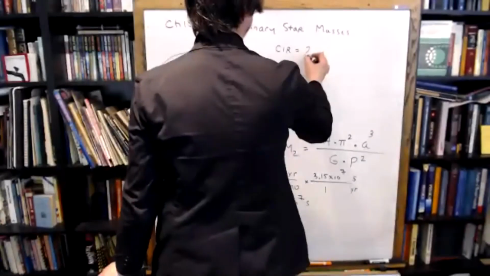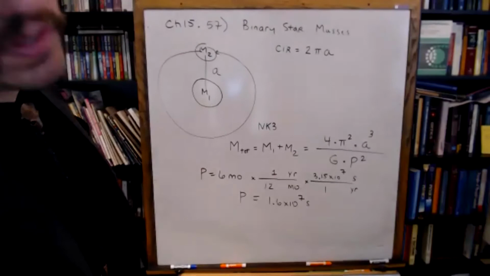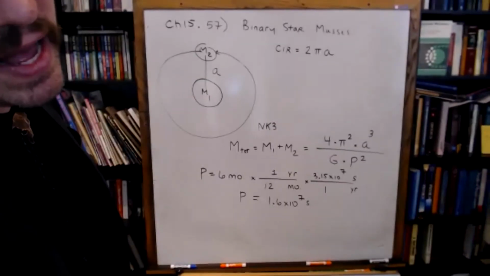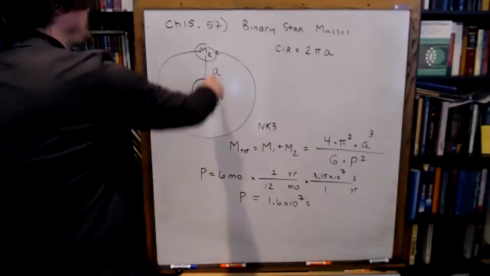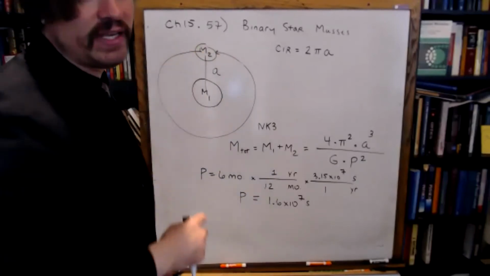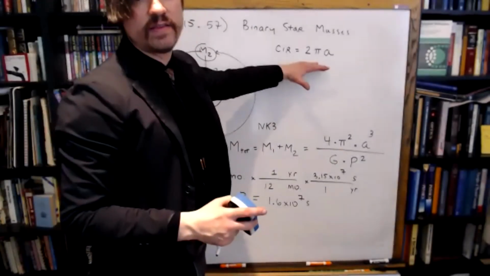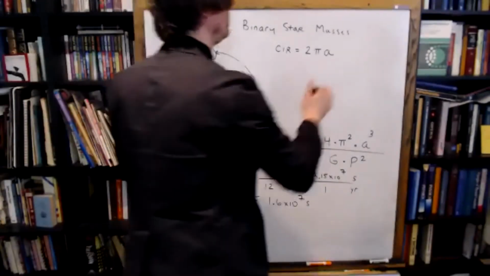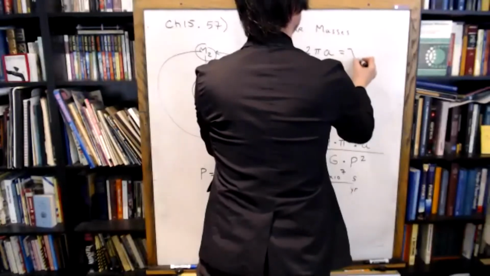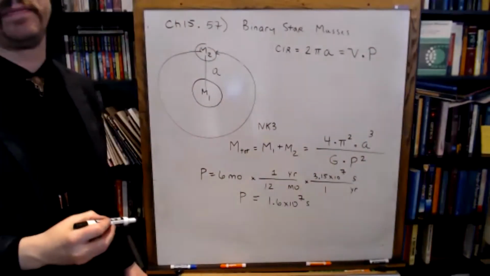But in this case, our radius is a. The circumference of this orbit is 2 pi a. Imagine the mass goes around, and imagine doing distance equals rate times time. The distance is the circumference of the circle, the rate is the velocity, and the time is the period.